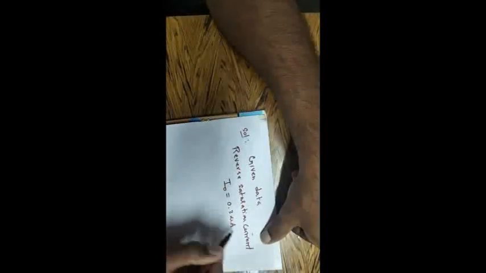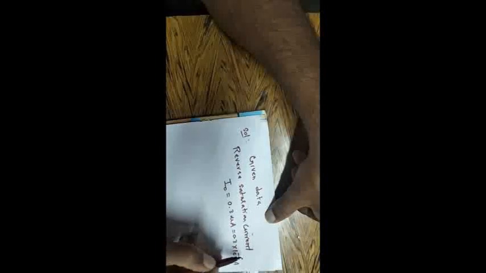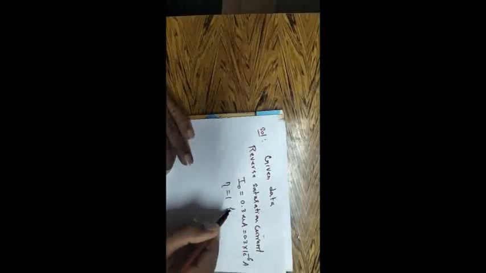This can also be written as 0.3 into 10 to the power of minus 6 amps, because the value of micro is 10 to the power of minus 6. Now what diode is used? Germanium PN junction diode, so eta equals 1 for germanium.